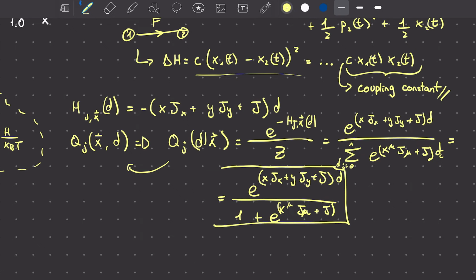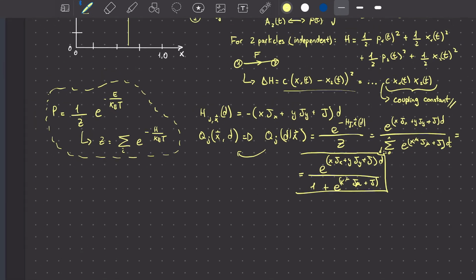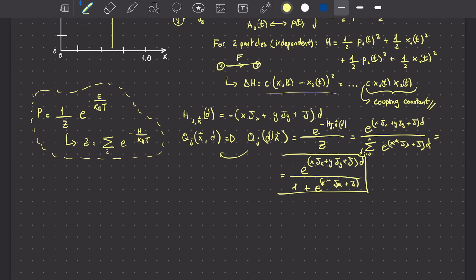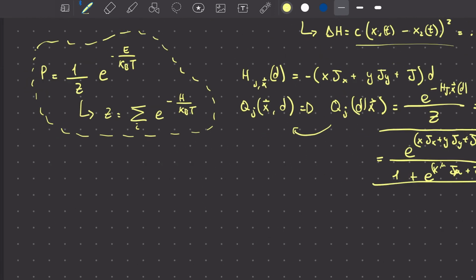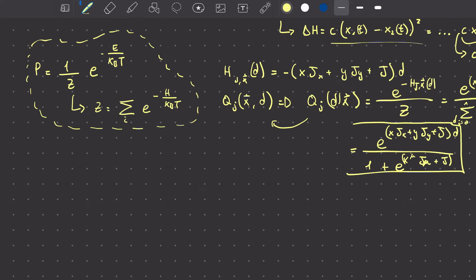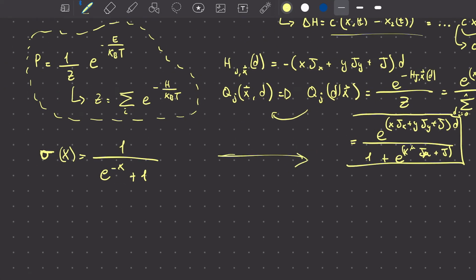finishing with. And this, if one has a bit of background in deep learning, might be recognizable. It's actually a sigmoid function, right? The sigmoid function, by definition, is just 1 over e to the minus x plus 1, and we can see this coincides, right?